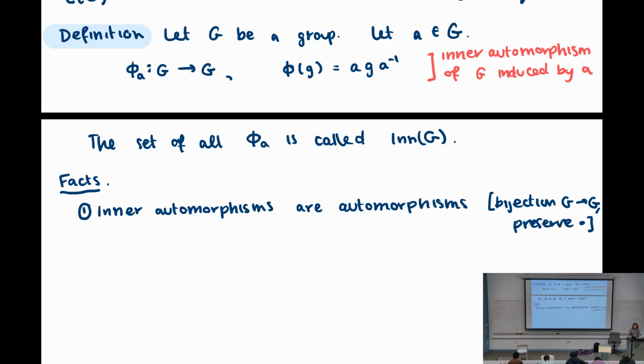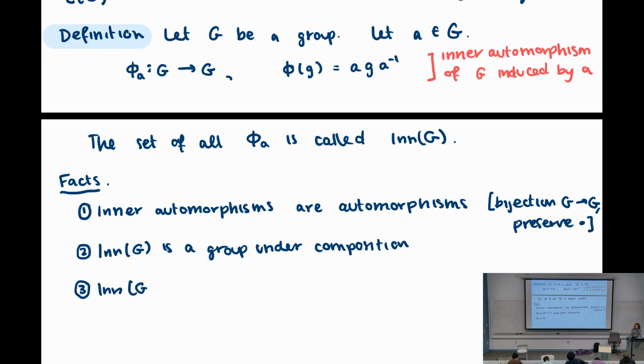The second claimed fact is that Inn(G) is a group under composition. And then the third thing, which follows from the first two, is that Inn(G) is a subgroup of Aut(G), which is all of the automorphisms of G. Okay, so I'm going to give you a few minutes to think about these and discuss.